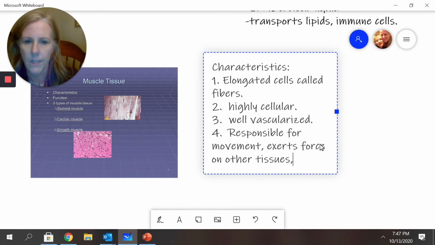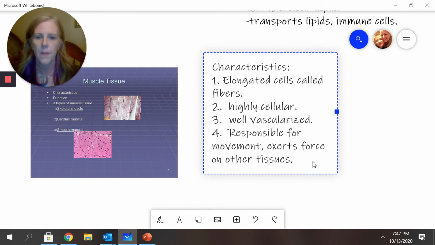It is responsible for movement. Our muscle tissue is responsible for movement. It exerts force on other types of tissues. It's responsible for a few different types of movement, but we'll discuss that when we get to the muscular system.